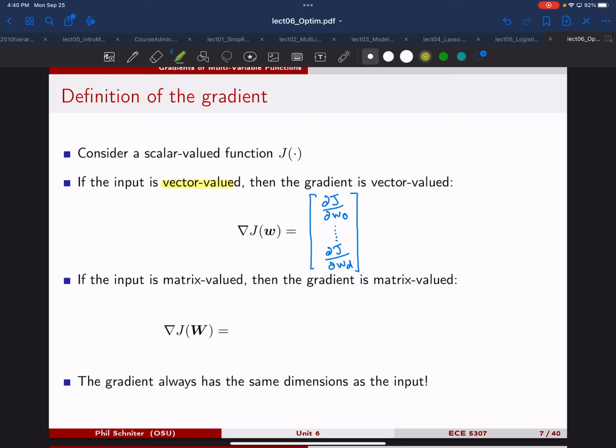Okay, any questions? So let me ask you this. What about this J? Does J have to be a scalar? What happens if J is not a scalar? Does anybody know what this is called? Jacobian, exactly. So when J is a vector, which will never happen for us, by the way, it does show up in machine learning quite a bit, but it's not going to be in our course.